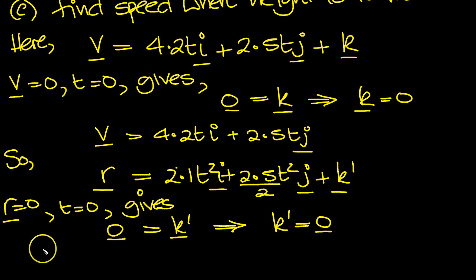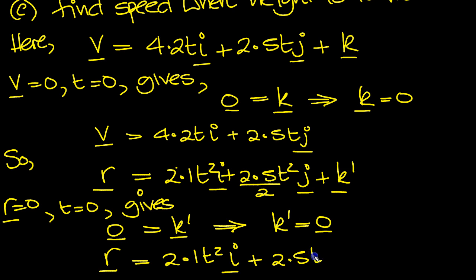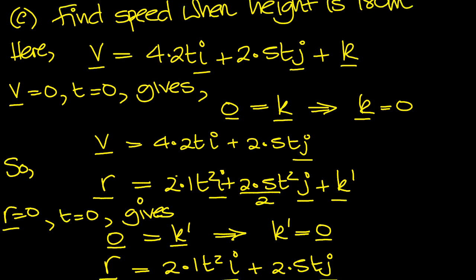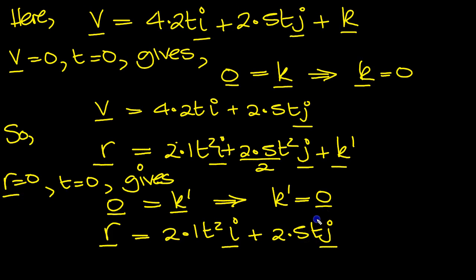So we've got r is equal to 2.1 t squared i plus 2.5 t squared over 2 j. Copy it down from here and here. So that's the position vector.